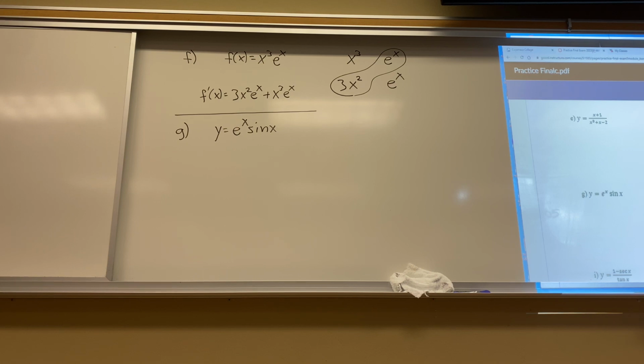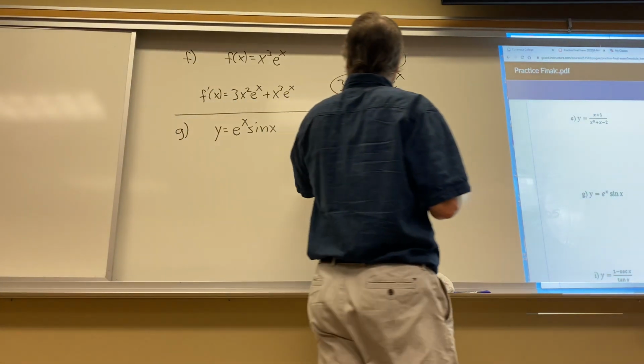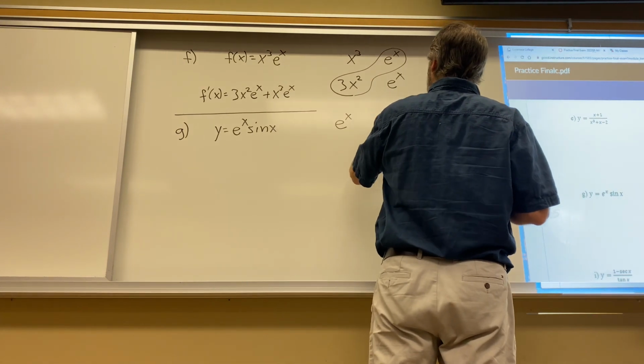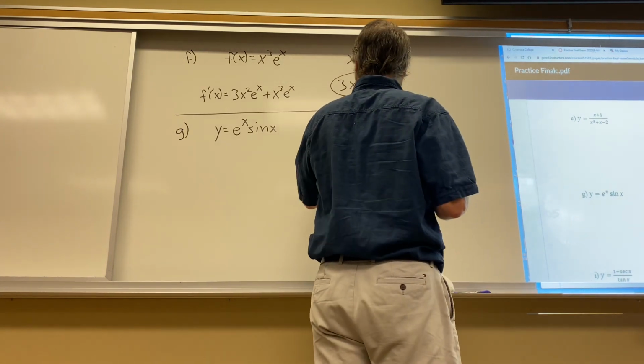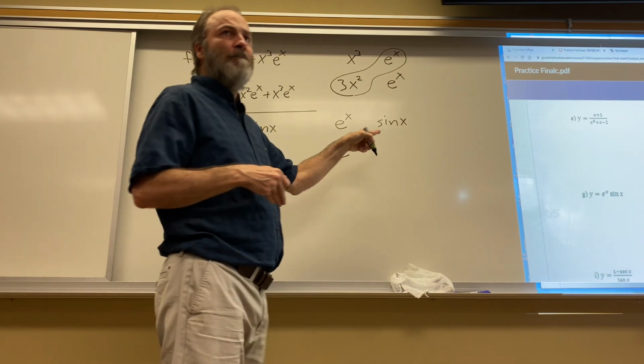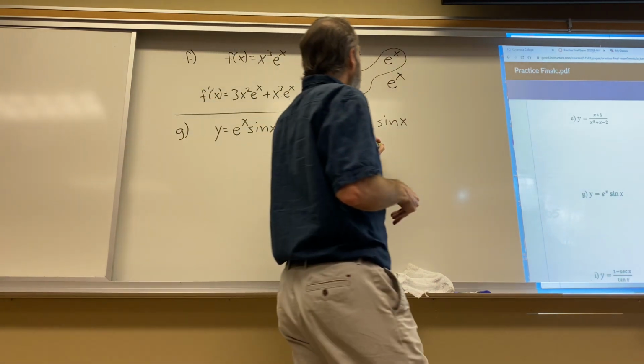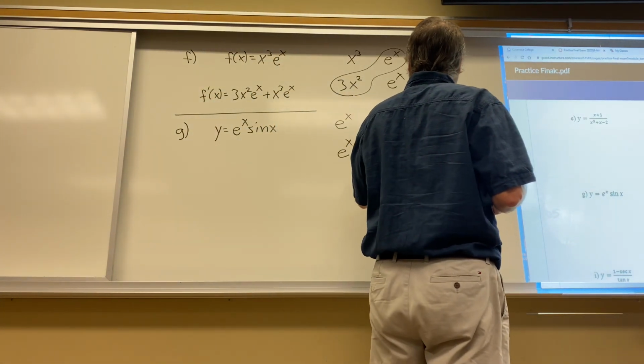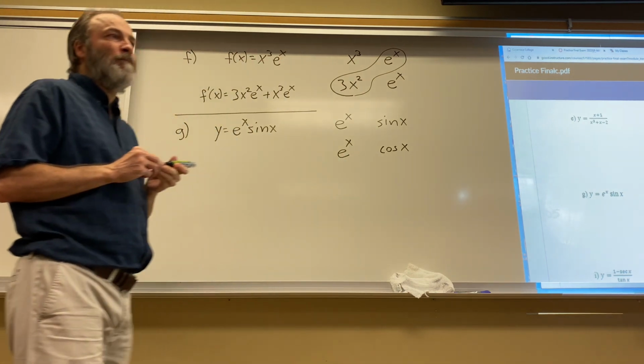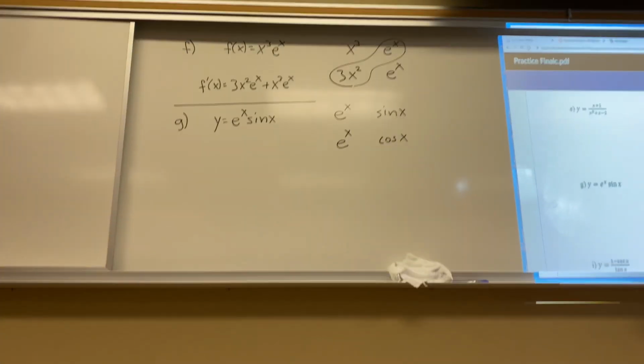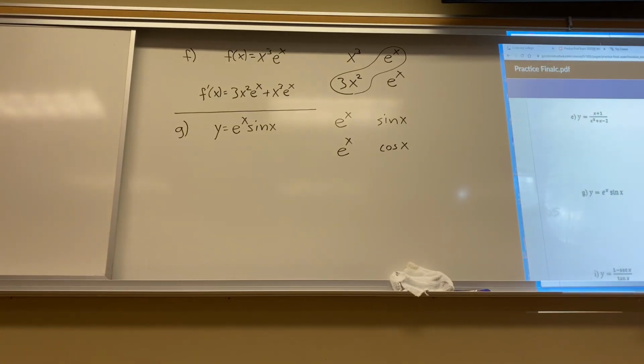What rule are we doing here? Another product rule. e to the x sine x. Derivative of sine x? Cosine x. Be careful between derivatives and antiderivatives, because on the antiderivatives, the negative sign switches.